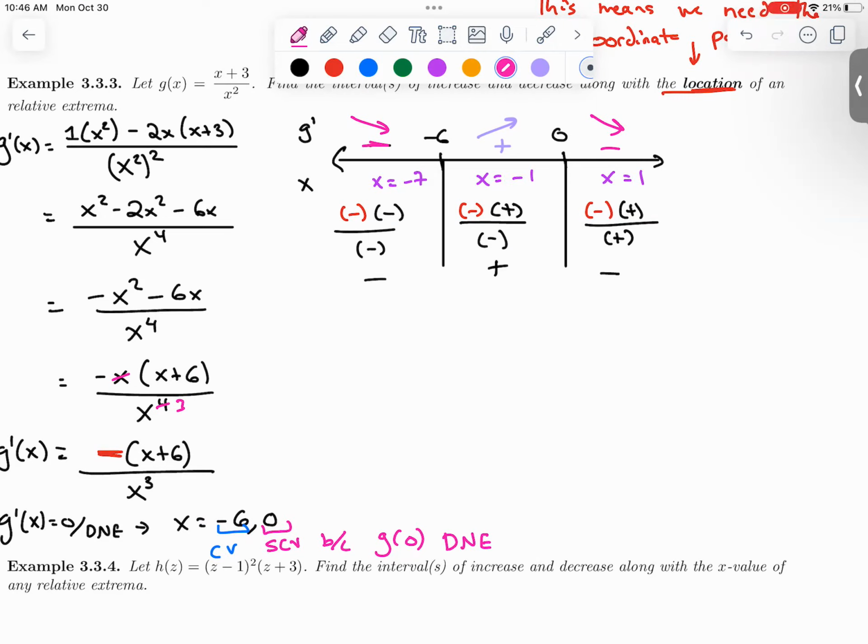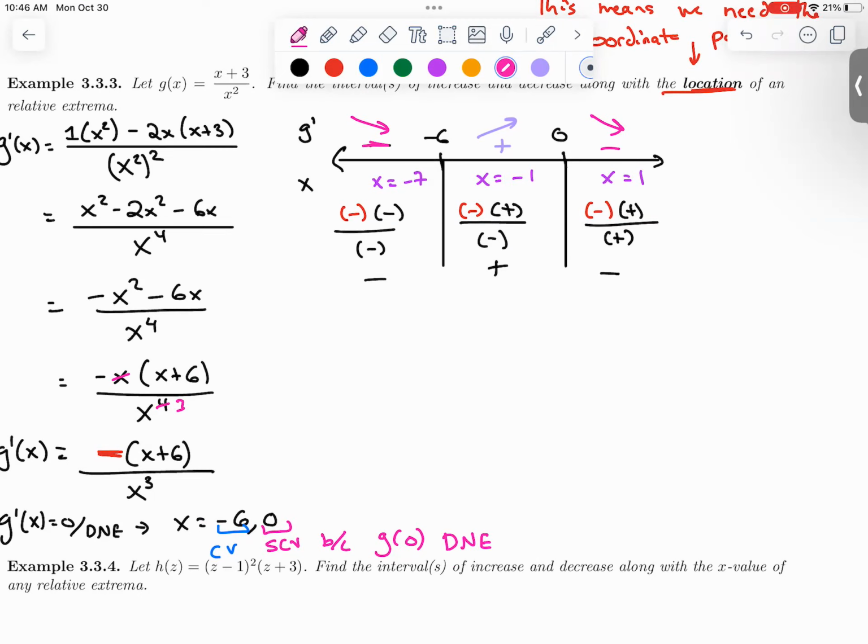So the relative max goes like a negative positive with the relative minimum. So we have relative minimum at just -6. So this is going to be asking us for the location. And this is the reason why I always want you to check to make sure that the value of the function exists.